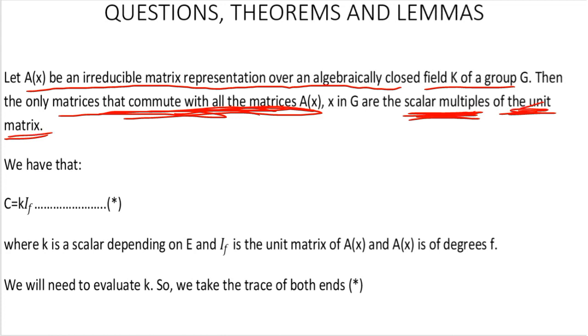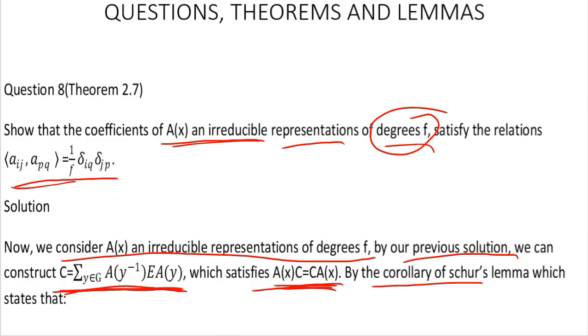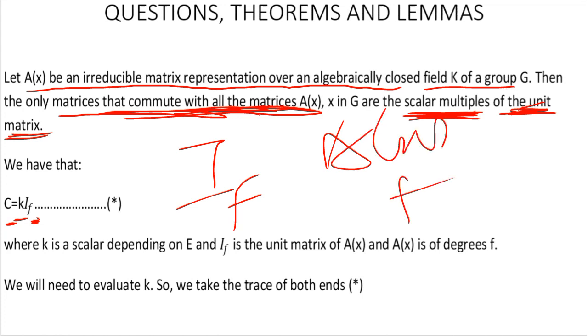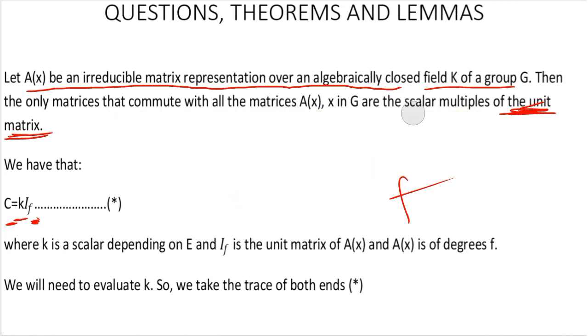That means our C, because C commutes, must be equal to a scalar multiple of the unit matrix, kI_f, because our A(x) is of degree f. That's why it's called I with respect to the degree of A. So we now know what C is based on the corollary of Schur's lemma.